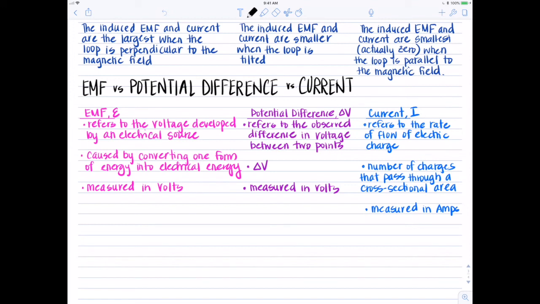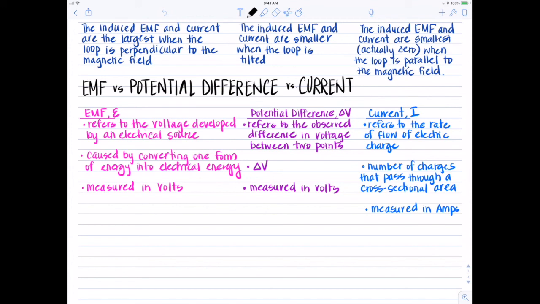So potential difference, or delta V, the change in V, refers to the observed difference in voltage between 2 particular points, and we usually talk about that across the battery. We've usually talked about delta V as measured across the battery, the terminal voltage.